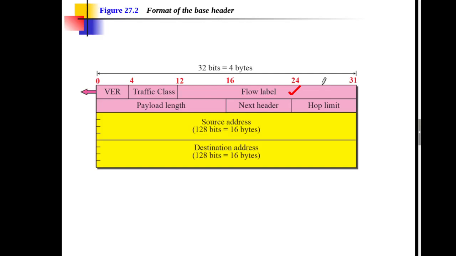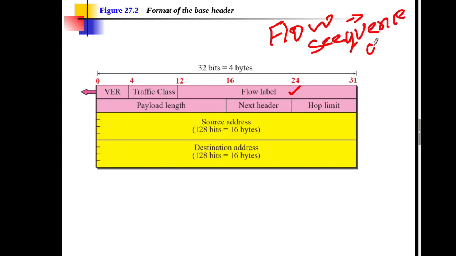So to a router, a flow is a sequence of packets. These packets share some characteristics such as traveling the same path, using the same resources, having the same kind of security and other features. It is also true that some routers may support and some routers may not support flow labels.